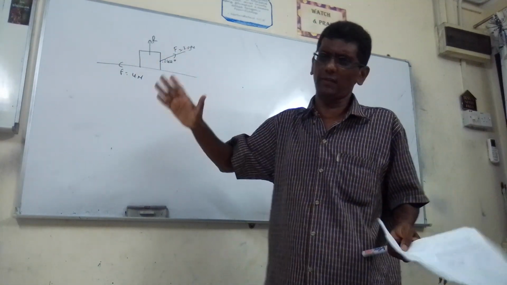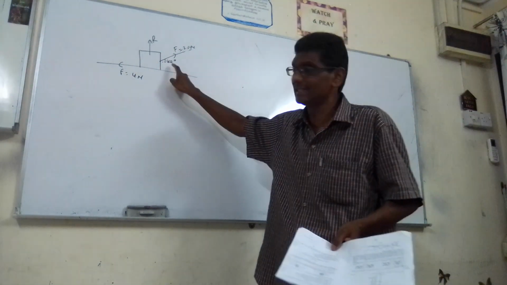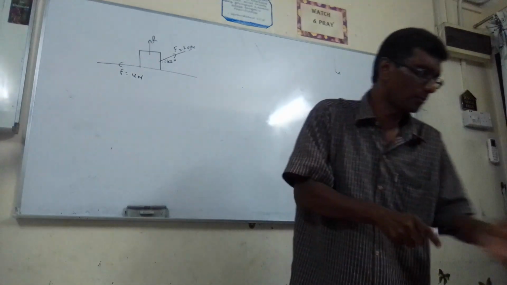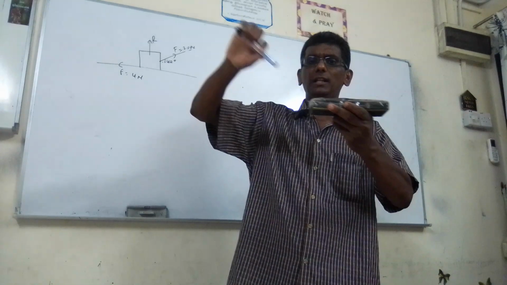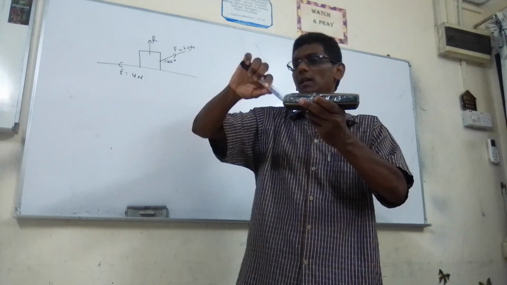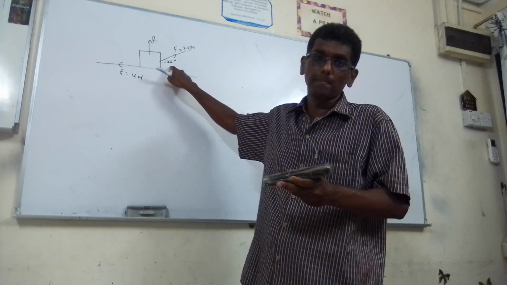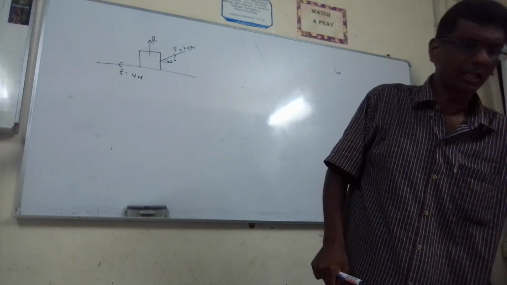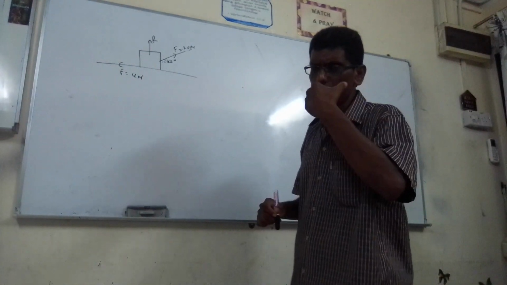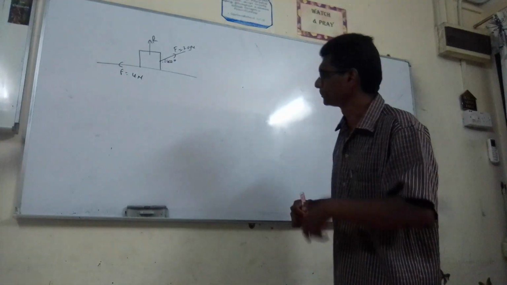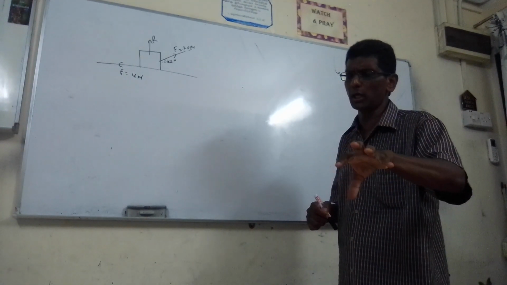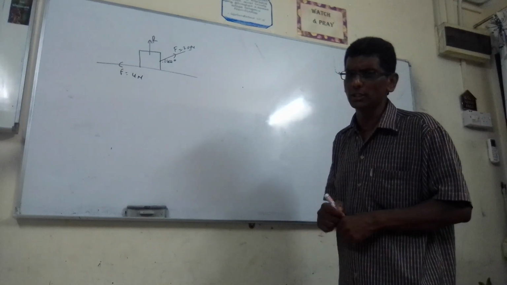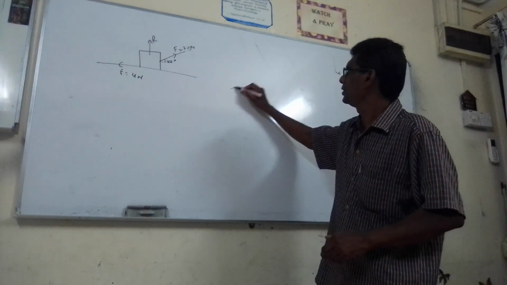But this force is at a certain angle, 40 degrees, pulling the object at 40 degrees. So this question we can do by the horizontal and vertical components. We have to use this one.